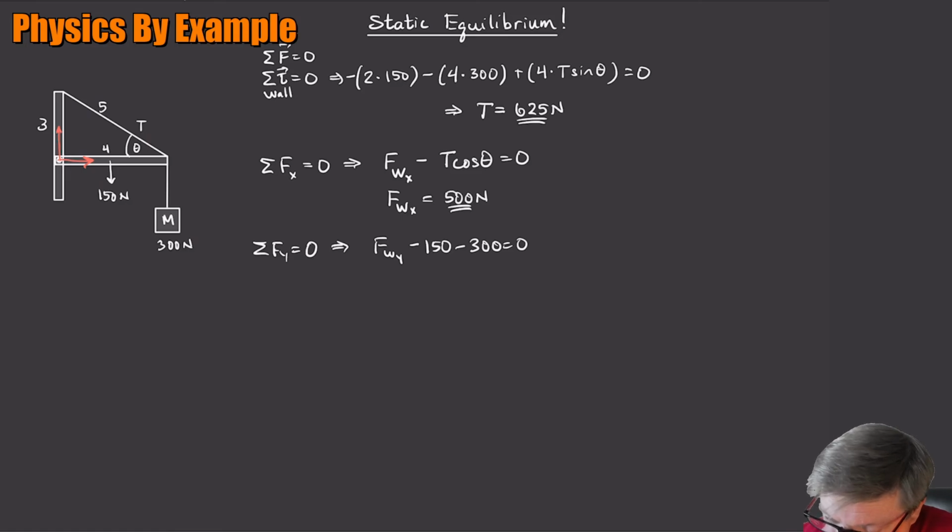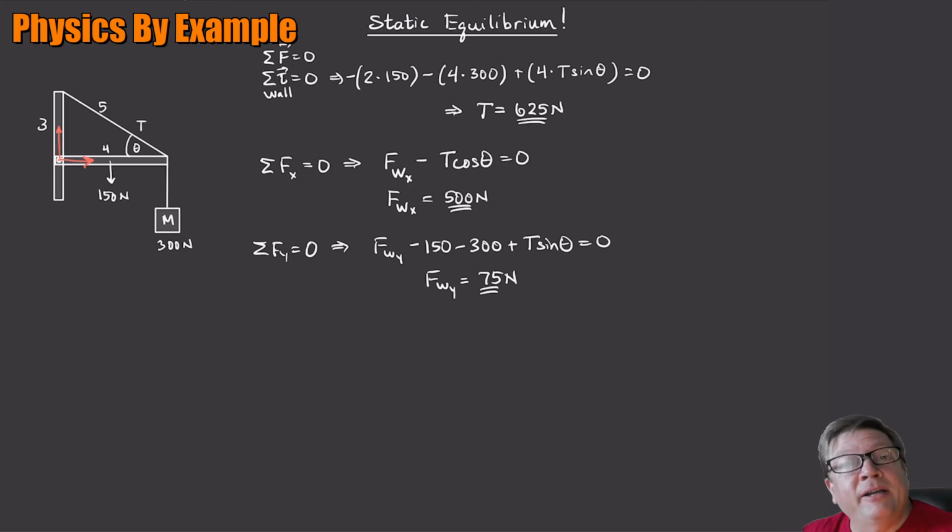I've also got a plus T sine theta equals 0, because the y component of T is also pointing up. If I put those numbers in, I get F wall y is 75 newtons.